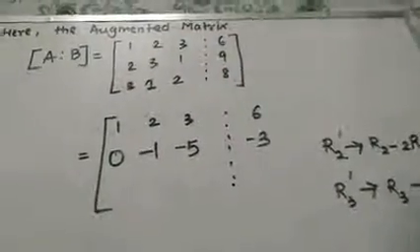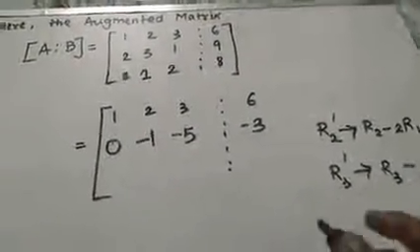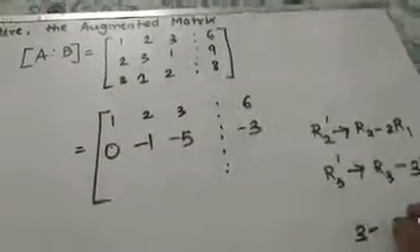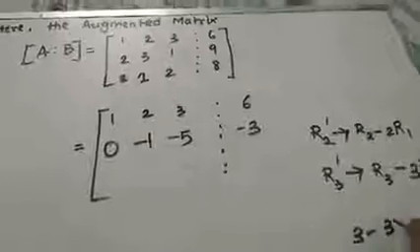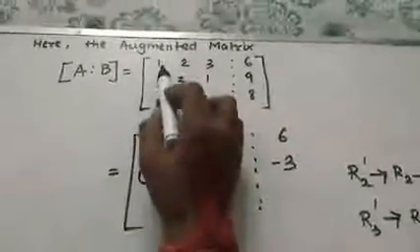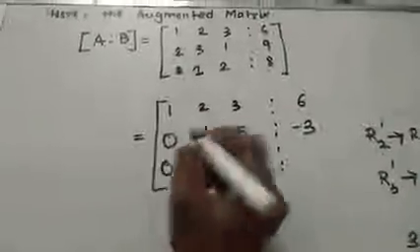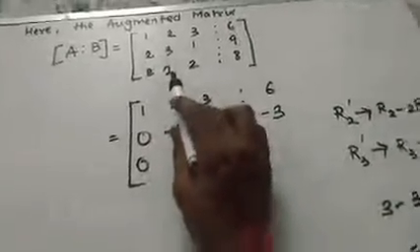Now just subtract them. So for the first element R3 is 3 minus 3 into R1. R1 is 1, that is 3 minus 3, 0. The first one is 0. You will check for the further one.